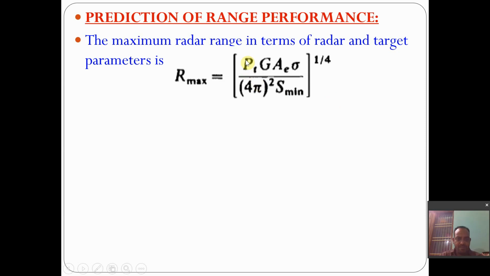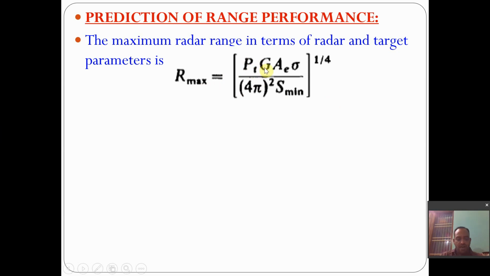So, for a radar to perform better, the first condition is that we have to improve the total power that is transmitted. If the total power of the radar is increased, the range will improve. Normally, increasing the power is not suggested, because it is expensive.